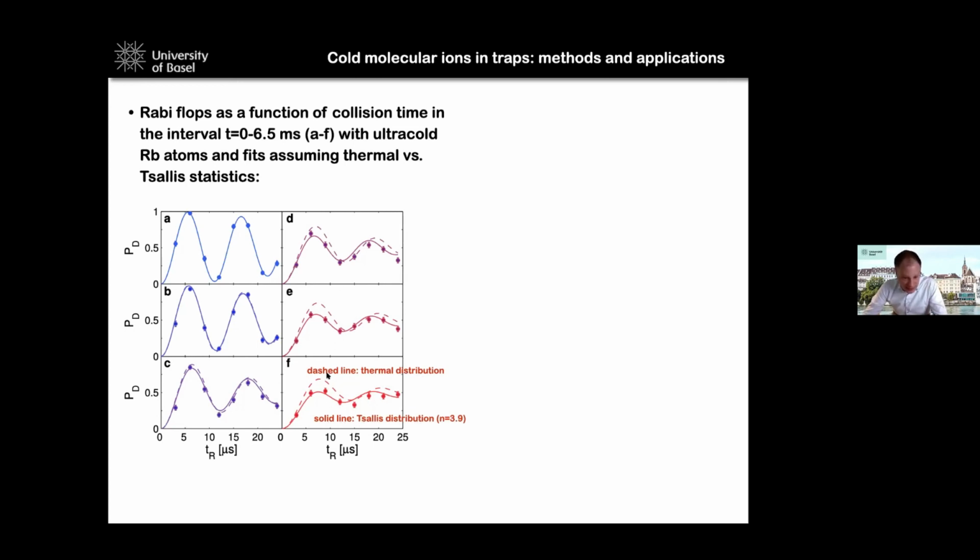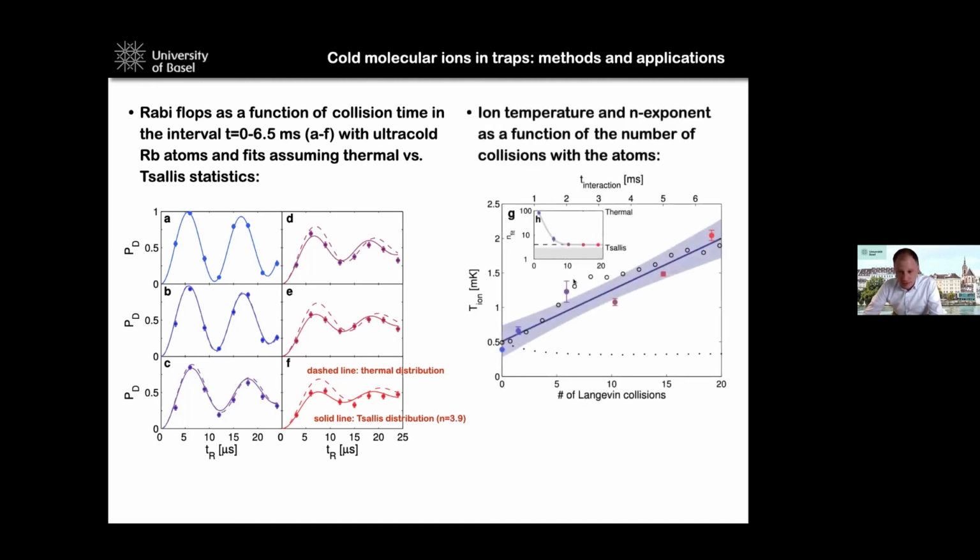And one can see that the Tsallis distribution fits the data much better than the thermal distribution. So this already suggests that these ions after the collision are not thermally distributed, but have a non-thermal distribution which can be well modeled with the Tsallis distribution.